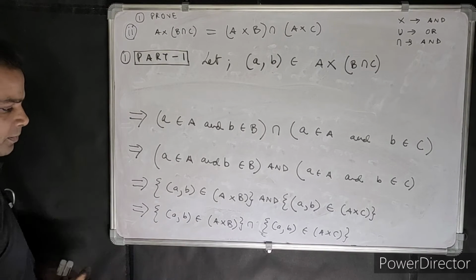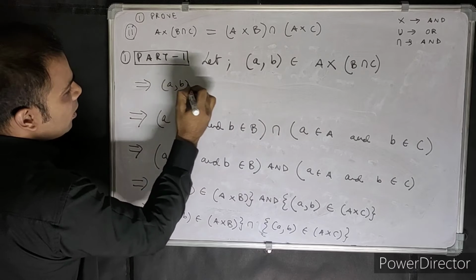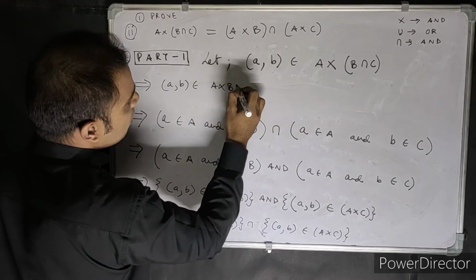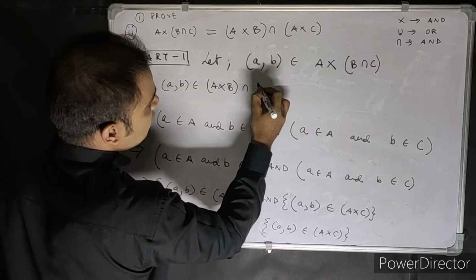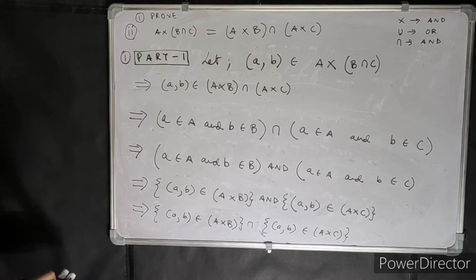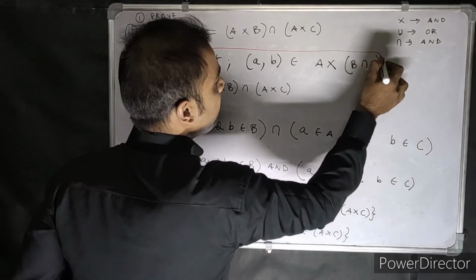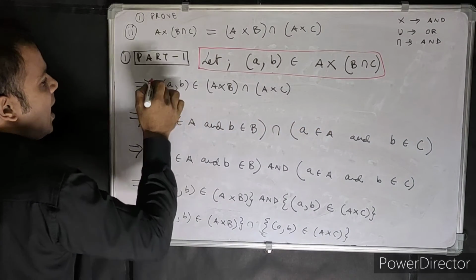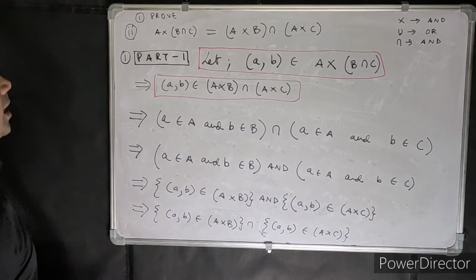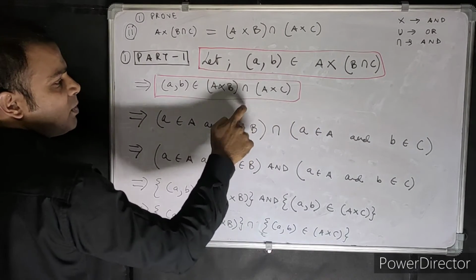Now from here, what can we write? This implies (A, B) belongs to A cross B intersection A cross C. So now you see from these two parts, this one and this one, we can say that this is a subset of this.